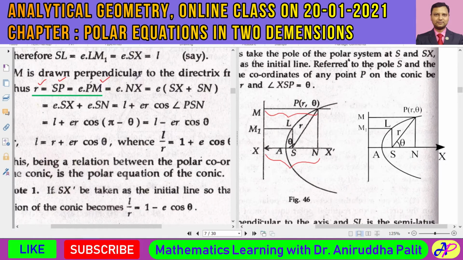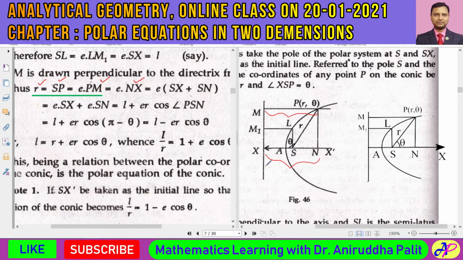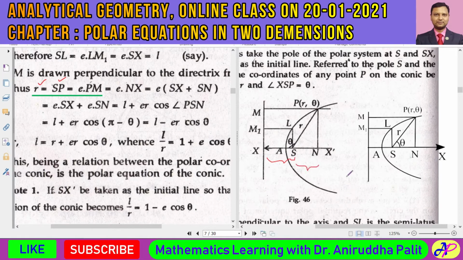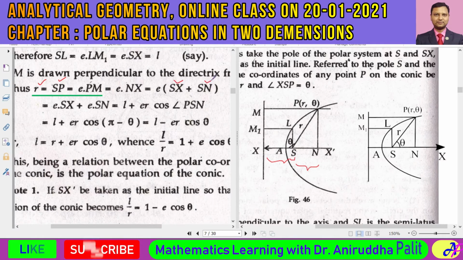Therefore, in place of PM, we can write nx. Now, what is nx? This nx is actually this much distance sx plus this much distance sn. So we write it sx plus sn over here.